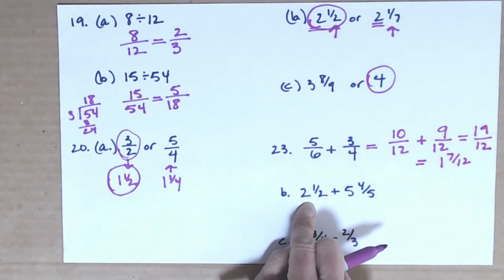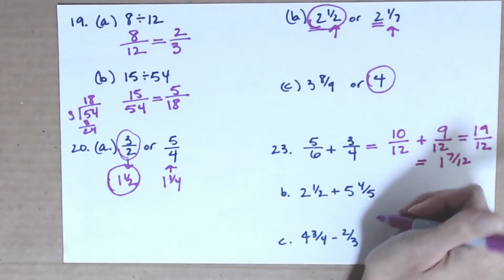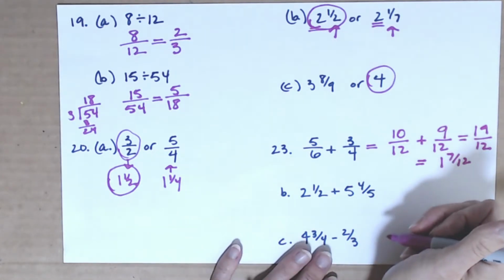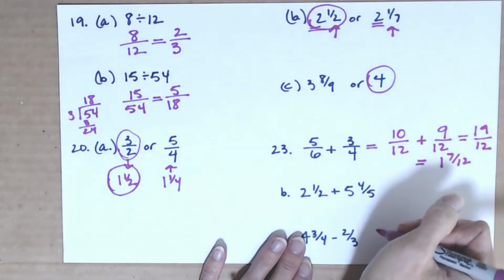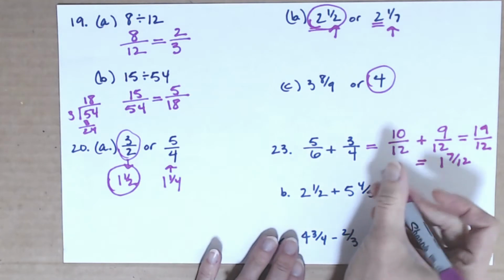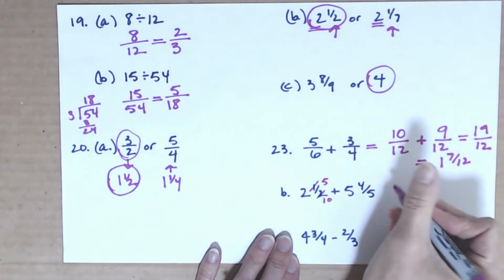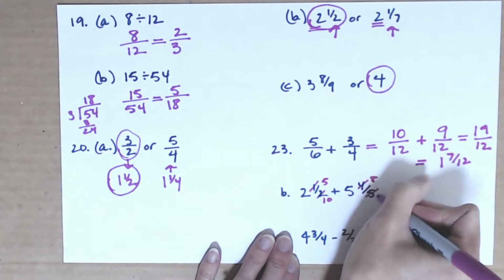Part B, I have 2 1/2 plus 5 4/5. So I need to convert my fractional parts to have like denominators. So 2 and 5 are my denominators. The least common multiple of those is 10. So that 1/2 I'm going to change to 5/10, and the 4/5 is going to become 8/10.